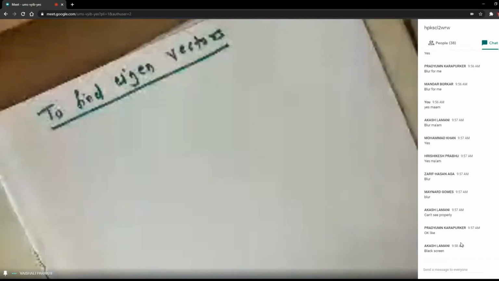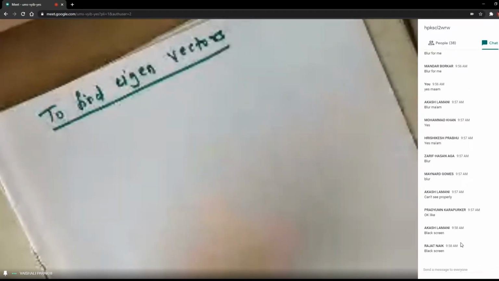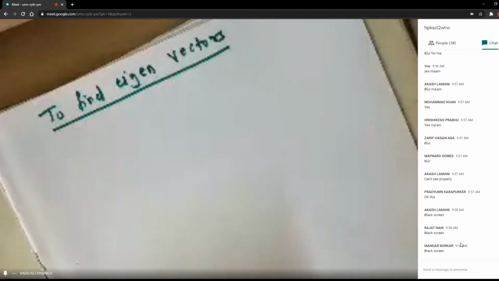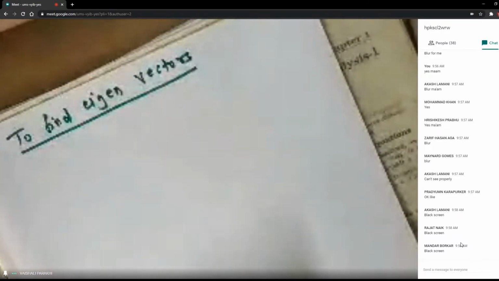What about this? Tell me fast. Yes, no, whatever. Black screen? My God. On the page is also not straight.